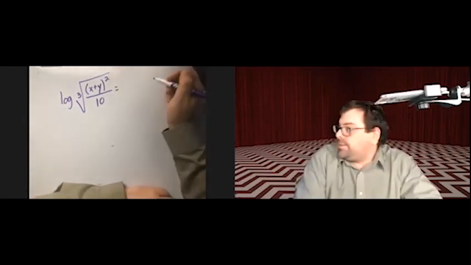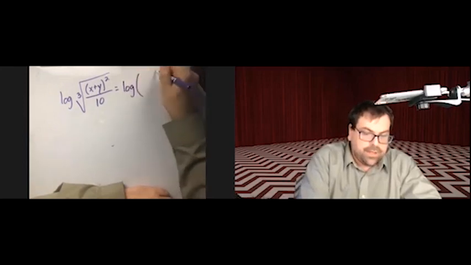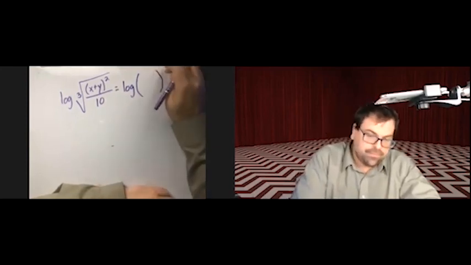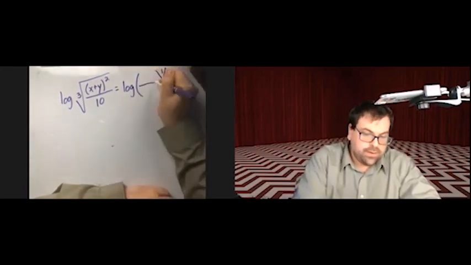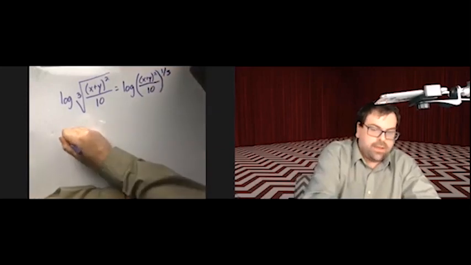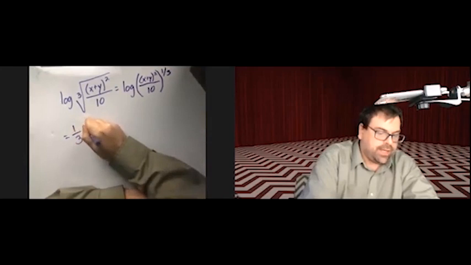We can write this instead of as a cube root, to the 1/3 power. x plus y squared over 10. We can take that 1/3 power and bring it out front as multiplication.